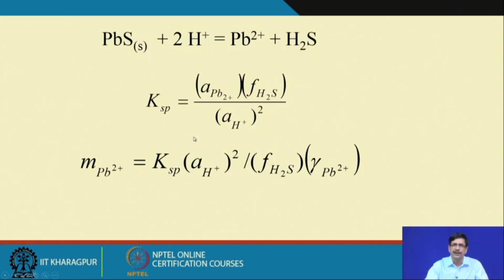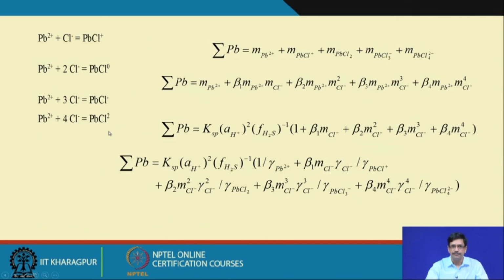It gives us a clear cut idea that the solubility of the metal is dependent on one of the important parameters, which is the pH. So, the activity of H plus ion will be directly responsible for what the concentration of the total metal is, and other variables are also contributing to it.